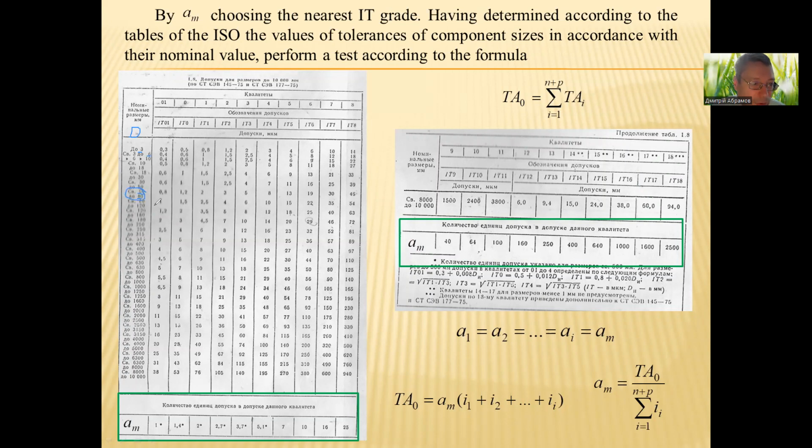Next interval from 80 to 120, then from 120 to 180. So d minimum is the first value of the interval, and d maximum is the second value, 180, for example.